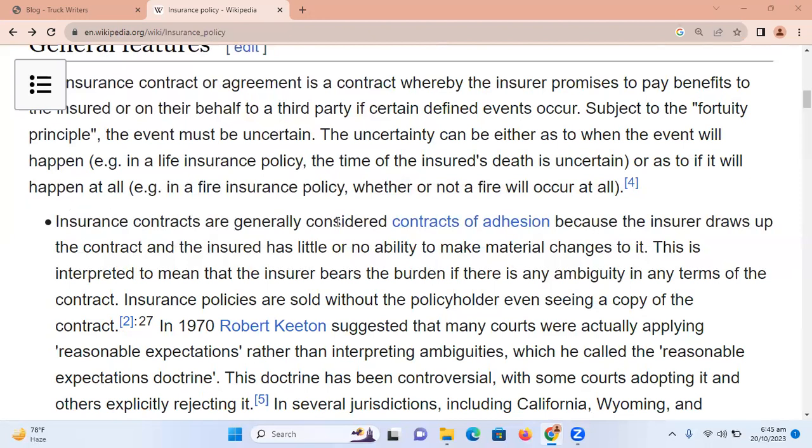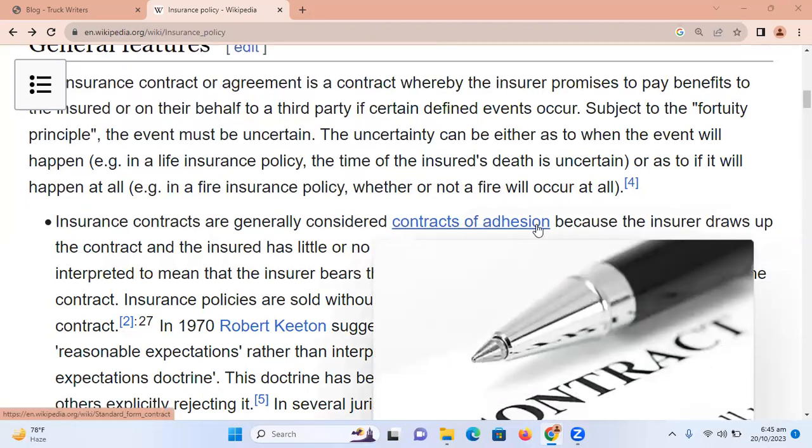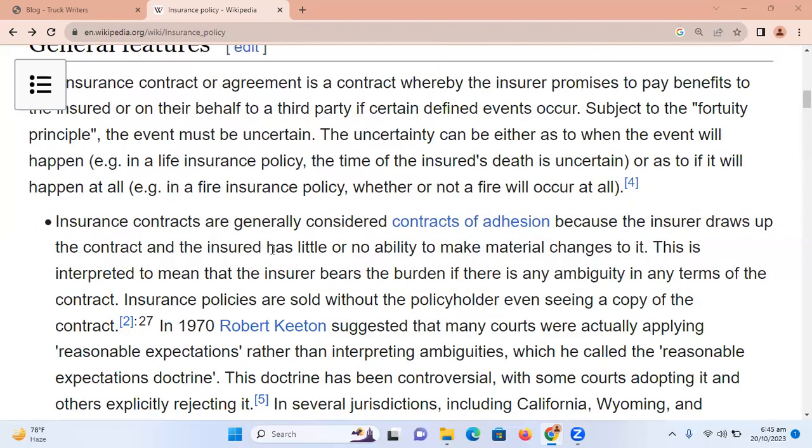Insurance contracts are generally considered contracts of adhesion because the insurer draws up the contract and the insured has little or no ability to make material changes to it. This is interpreted to mean that the insurer bears the burden if there is any ambiguity in any terms of the contract.